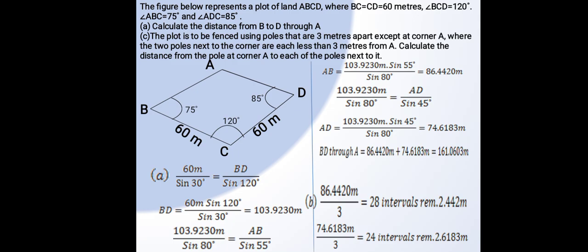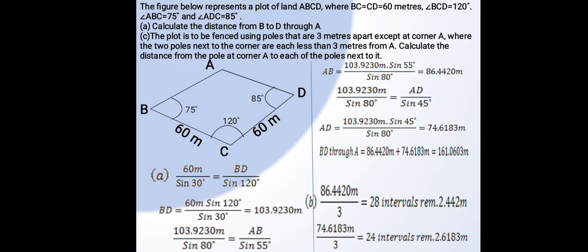If we add the two, it is 86.442 plus 74.6183. So the distance of BD through A is 161.0603 meters.